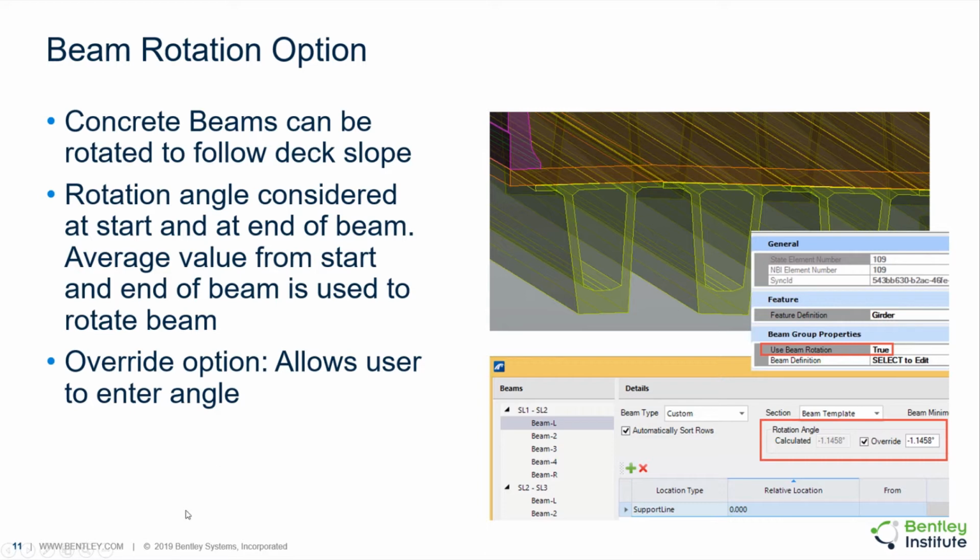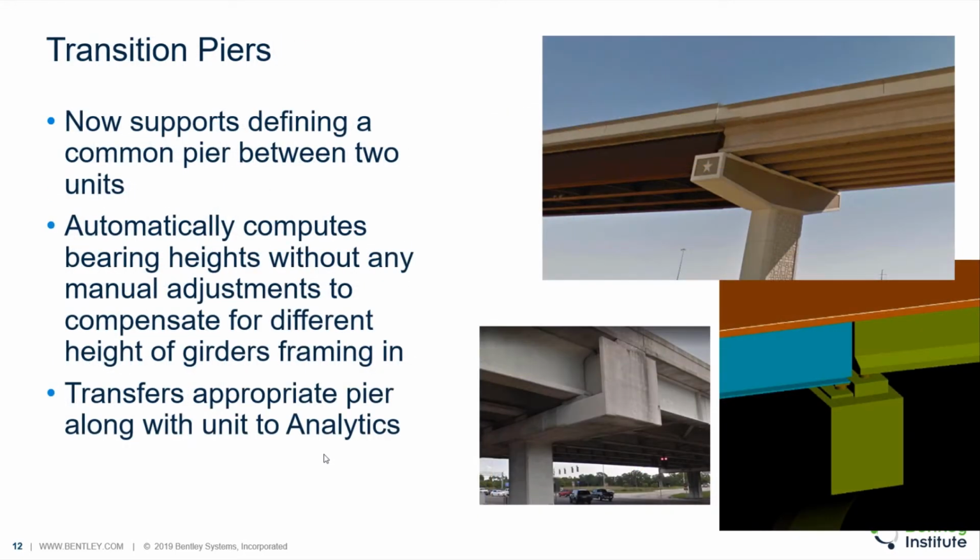Another option that we have here, and this is a major enhancement as well, a major request for many, many users, is the ability to handle transition piers. And that is a perfect example in real life. A transition pier is when you have a bridge where maybe the longer span is steel, and the other, shorter ones are typically concrete.